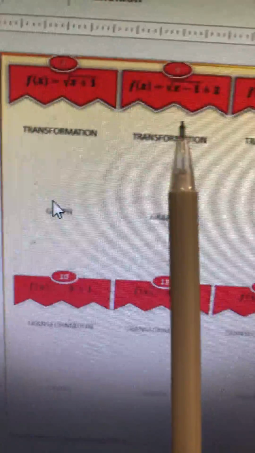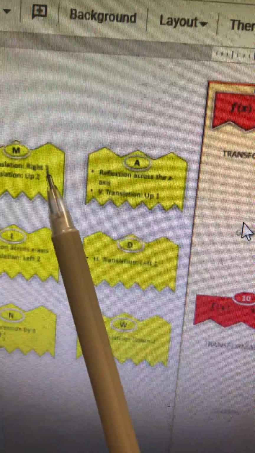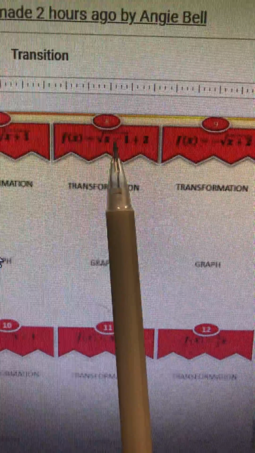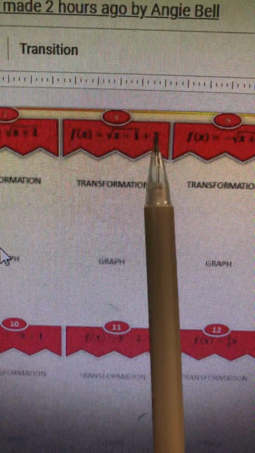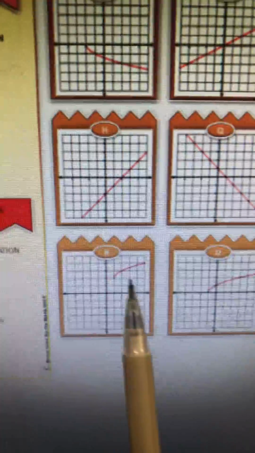Number 8 should be M. That's a horizontal translation right 1 and a vertical up 2. So it's the right 1 and then this is up 2. So 8 also is R on the graph.